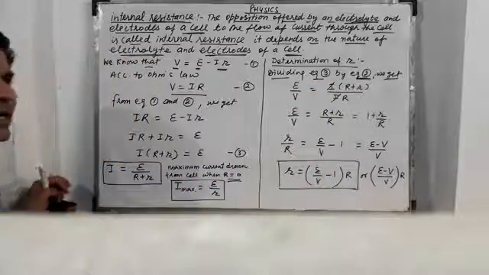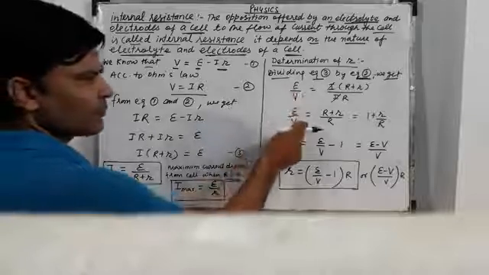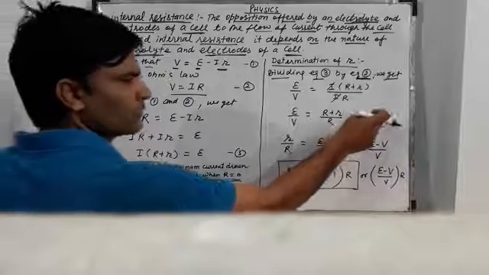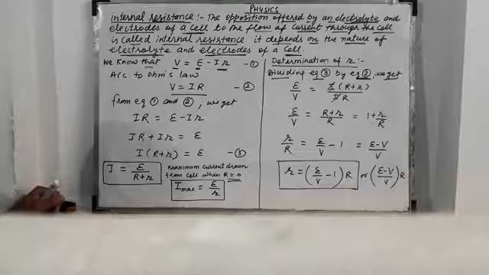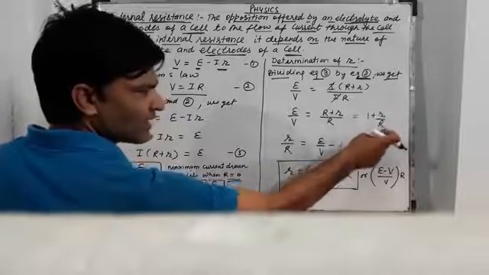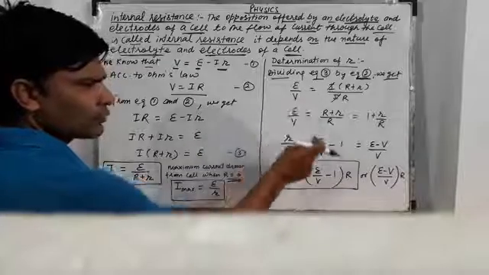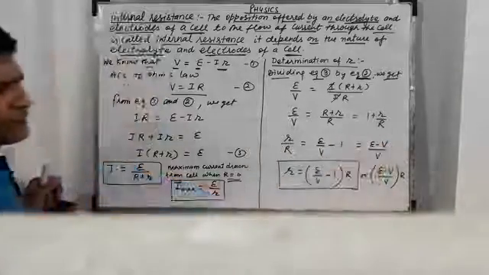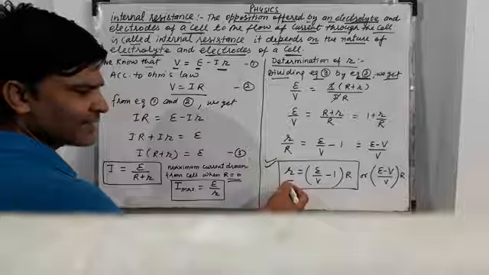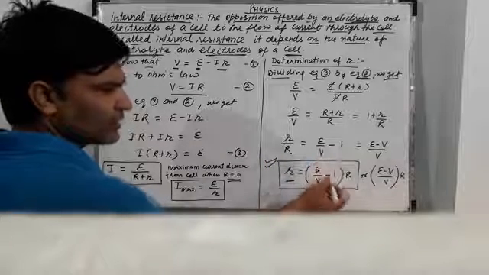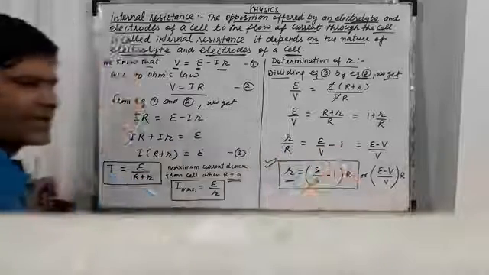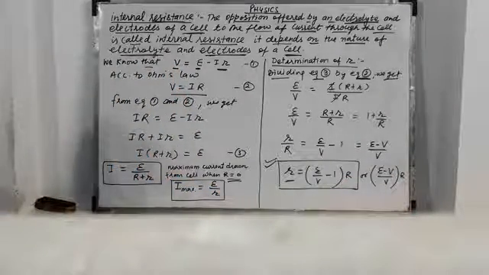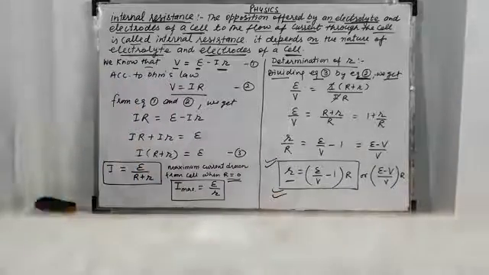Then I cancels out, and we get E upon V equal to R plus r upon R, or 1 plus r upon R. Now r upon R is equal to E upon V minus 1, equal to E minus V upon V. Then internal resistance r is equal to E upon V minus 1 into R, or E minus V upon V into R. This is the required formula of internal resistance.